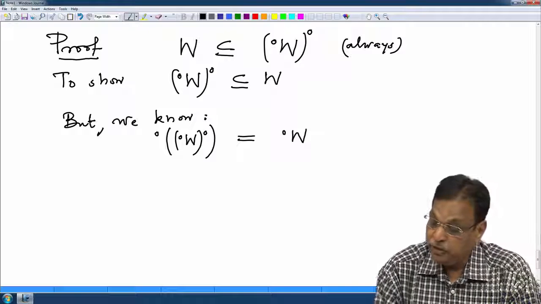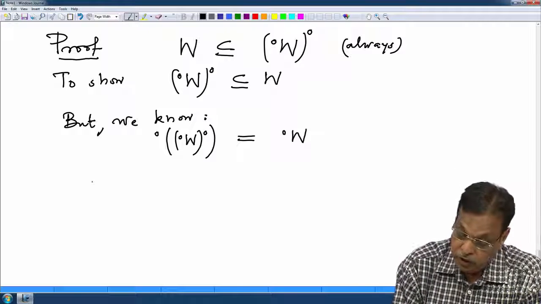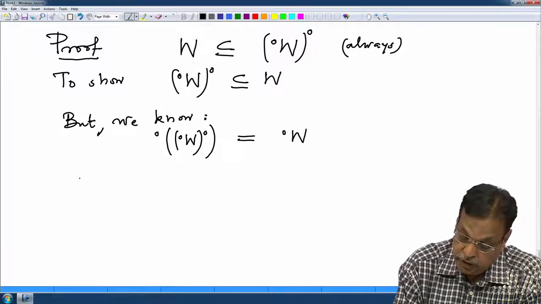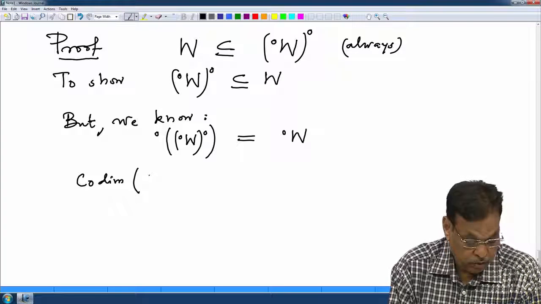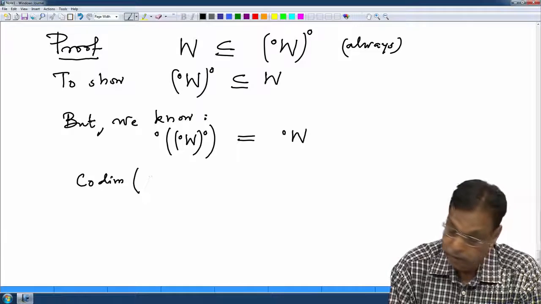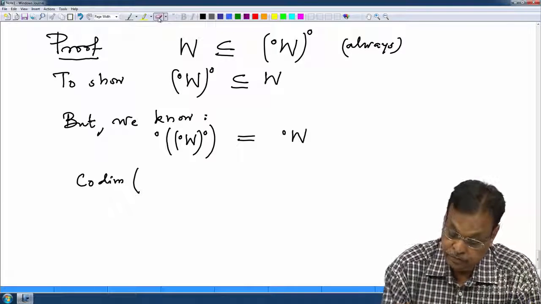So, therefore, I know the codimensions. Let us look at the codimension. Because of this equality, codim or dim, first let us take dim.